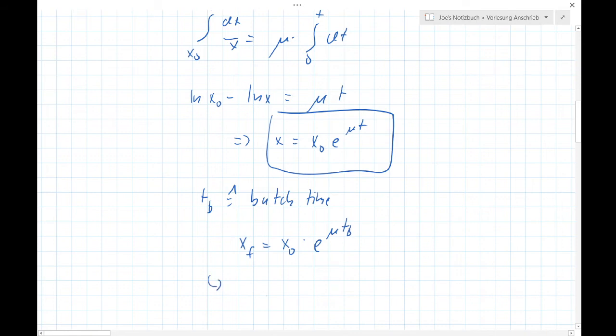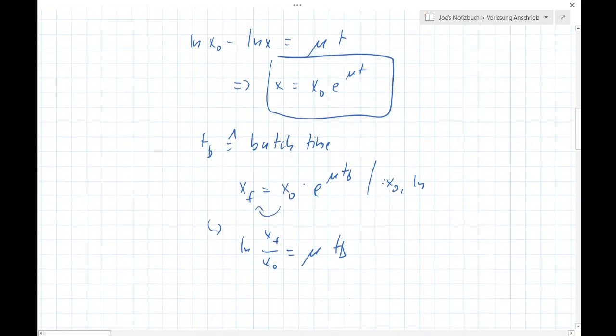We have X final divided by X0, we bring it over there, and then we take the ln. So ln of X final divided by X0 is equal to mu Tb.